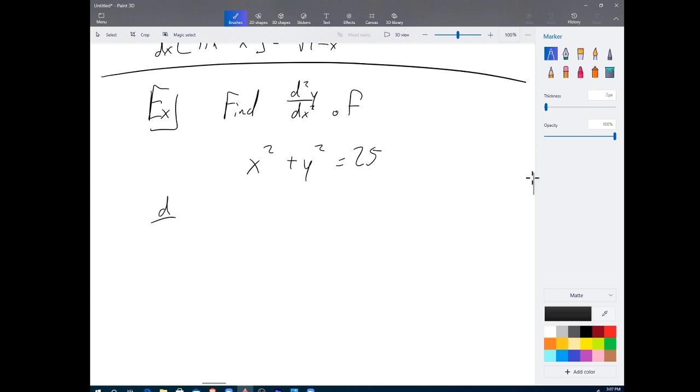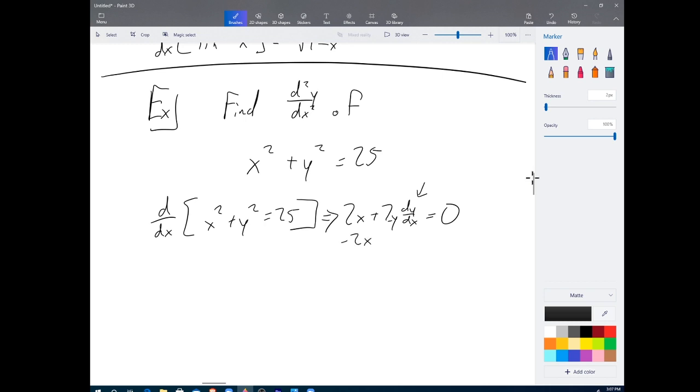So let's start by taking the first derivative of our situation. In the first derivative, we get 2x plus 2y dy/dx equals 0. Before you take the derivative again, I recommend you solve for the first derivative, like we did in class today.